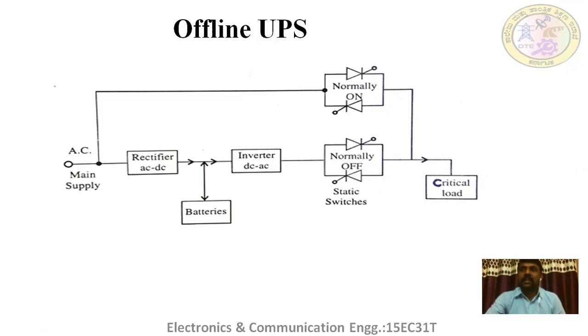Then the inverter takes DC power from the battery, converts it into AC, and that power is used to run the loads. Therefore, here the inverter starts working only when the KB power, that is the mains power, fails, and is also initiated by this switch manually.